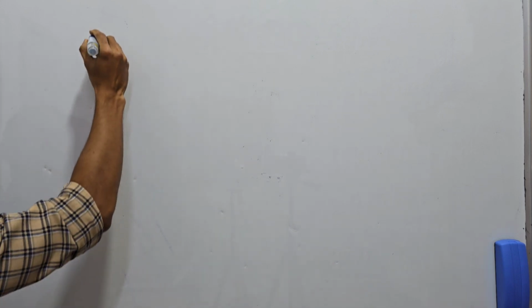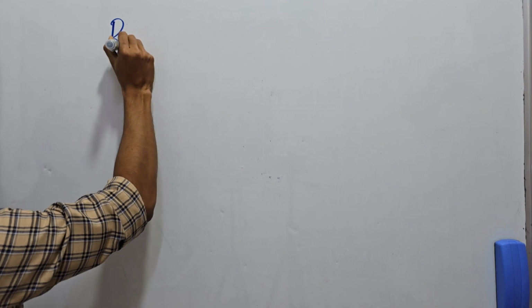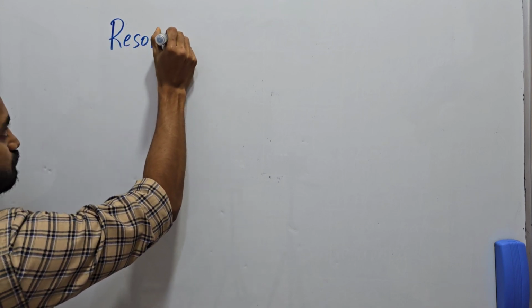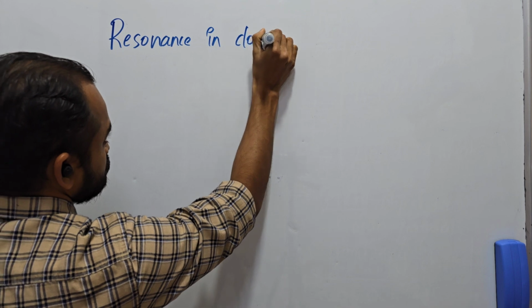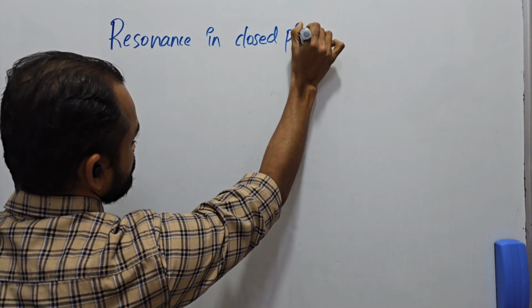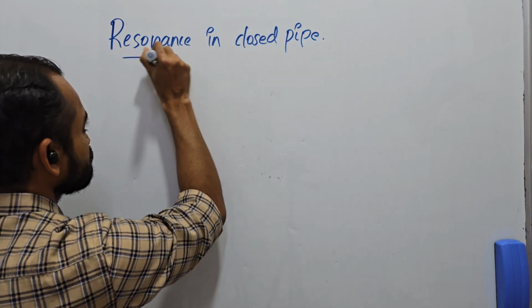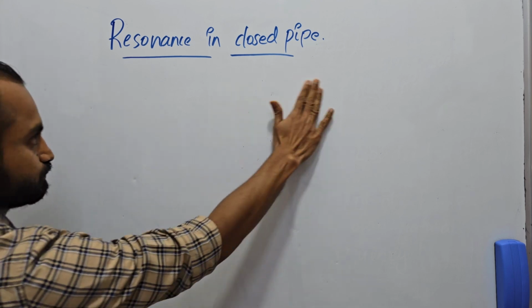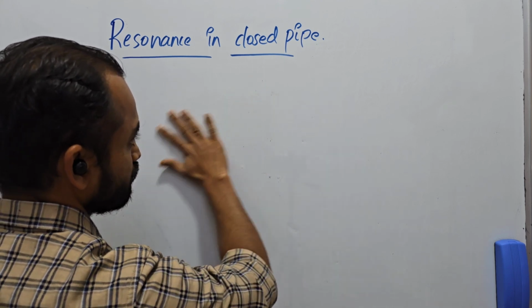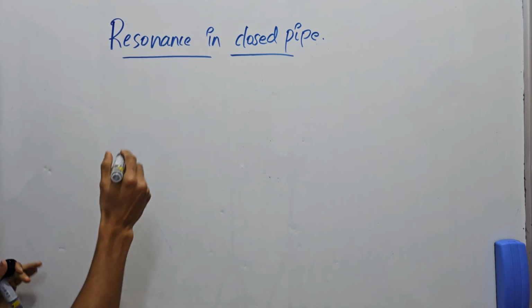What is the meaning of closed pipe? Yeah, closed pipe doesn't mean both ends are closed, right? Closed pipe means only one end is closed, the other end is open. One end closed, other end open.